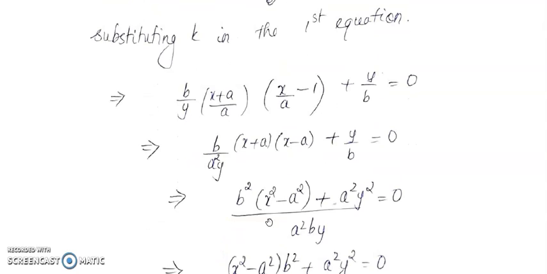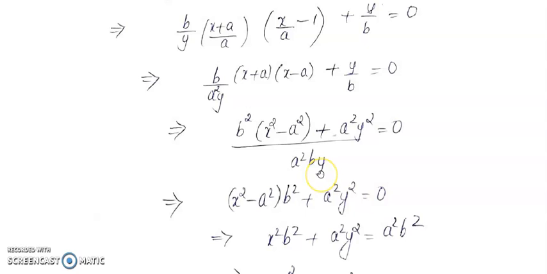So you will get it in the form b by a square y into x plus a into x minus a plus y by b equal to 0. So taking the common denominator, you will get b square into x square minus a square plus a square y square equal to 0. So the denominator will go off.